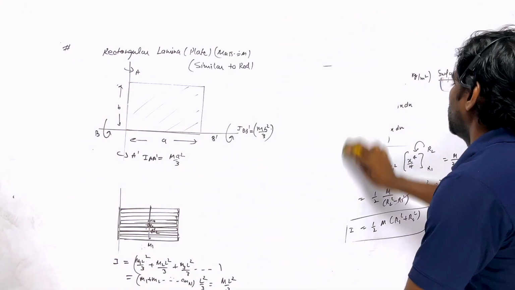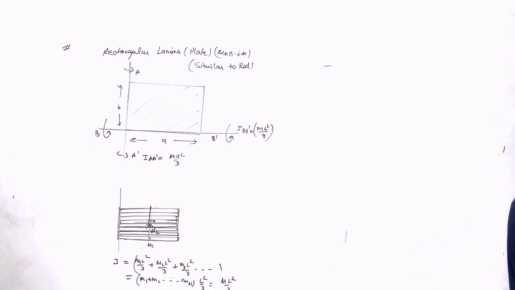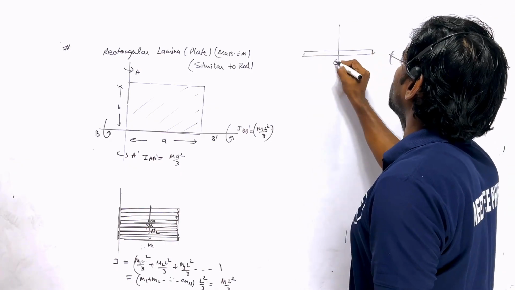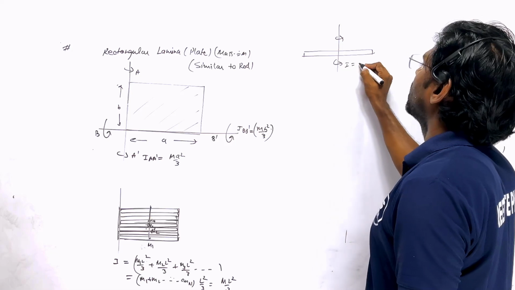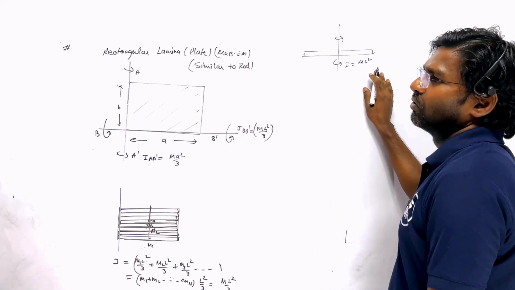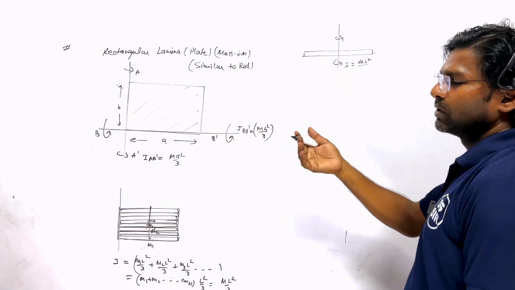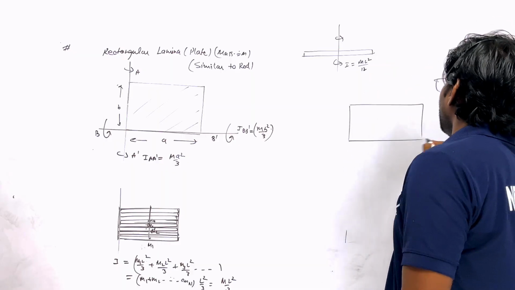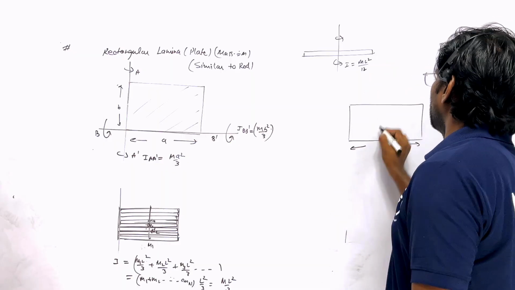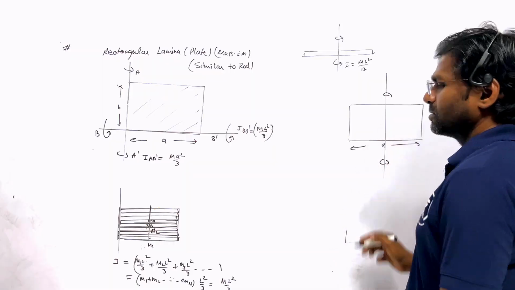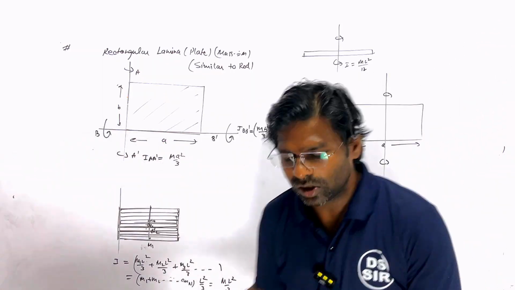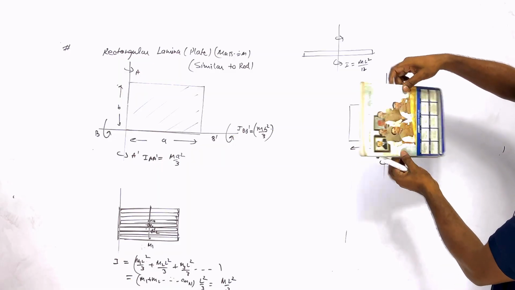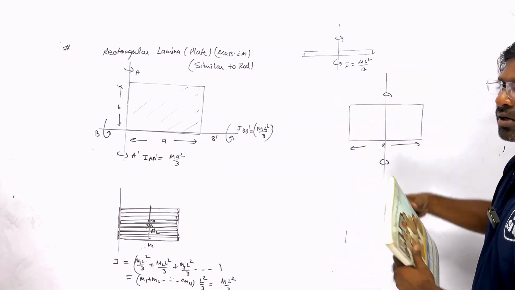One more thing. If you take this rectangular lamina, right? If the rod is like this, what is the moment of inertia about this? Tell. M L square by 12, right? So if this is the rectangular lamina of side A, and you rotate it about this axis, what is the moment of inertia about this axis of rotation?